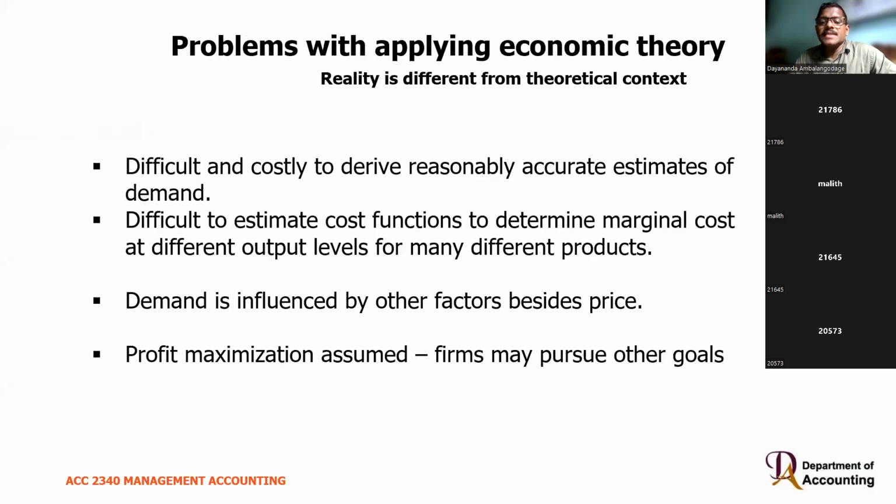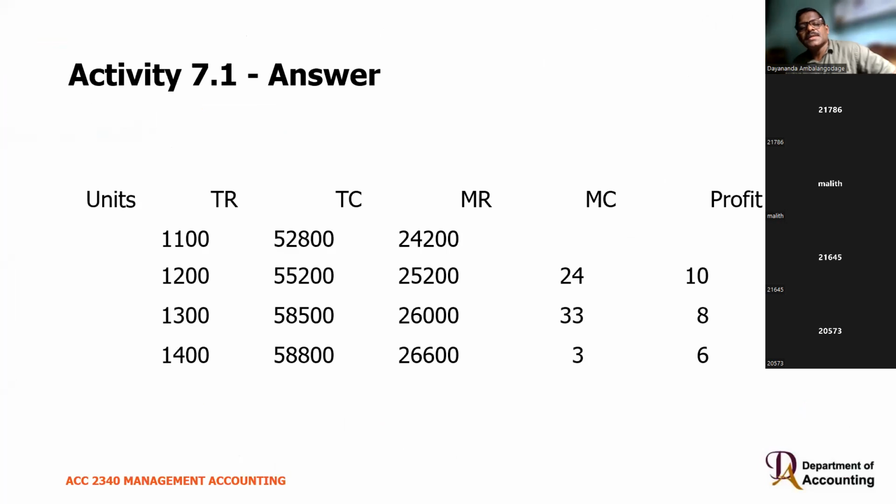Now, the problem here is when you look at this particular table, you see that you can't find the point where MR is MC. Now, you see MR here is 24, 33 and 3 rupees. MC here is 10 rupees, 8 rupees, and 6 rupees. There is no point where MR equals MC, because this is a table. In a table, it is very difficult to find such a point.